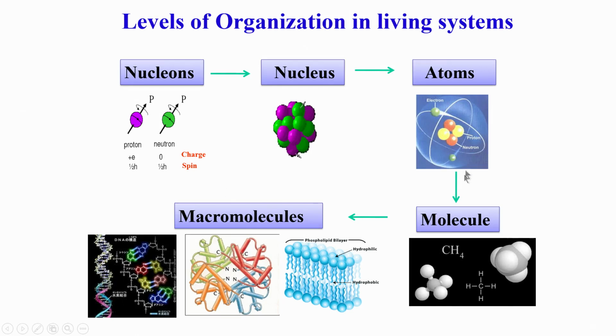So, this is just a schematic of the different levels of organization in a living system. We are looking at atoms, actually nuclei by NMR, which are located in the atoms of these big molecules. So, we will be probing by NMR every nucleus in this molecule.